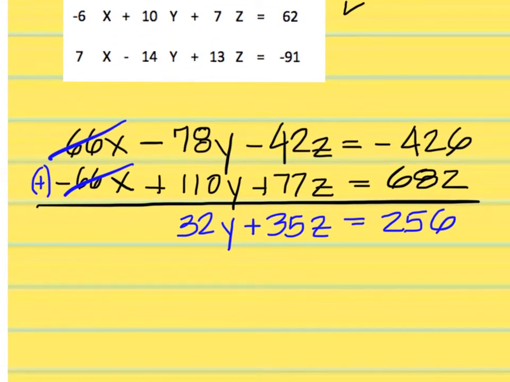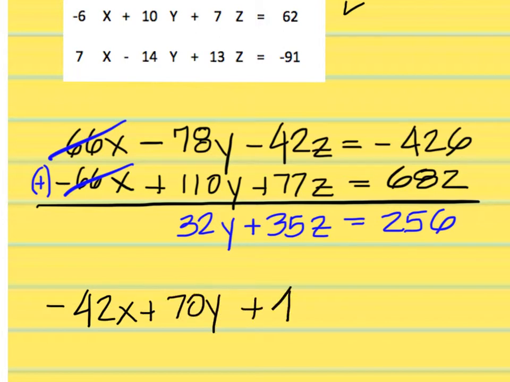When we do that, we're going to come up with a negative 42x plus 70y plus 49z equals, and 62 times 7 is 434.